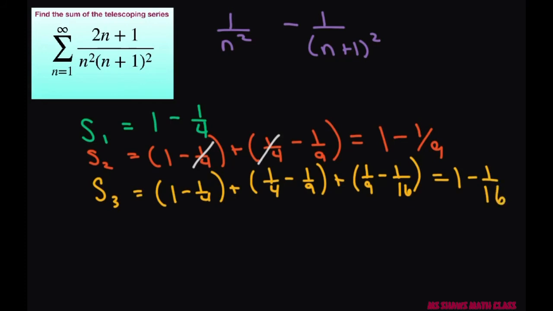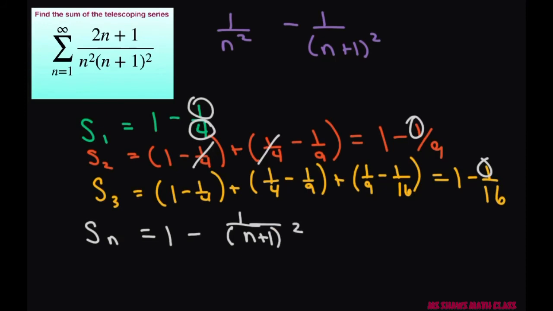After doing 3 of these, we can get the nth partial sum, and that's going to be 1 minus, they all have 1s in the numerator, so that's going to be 1 divided by, and these are going to be (n plus 1) squared.